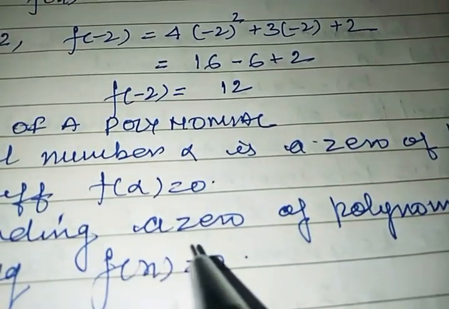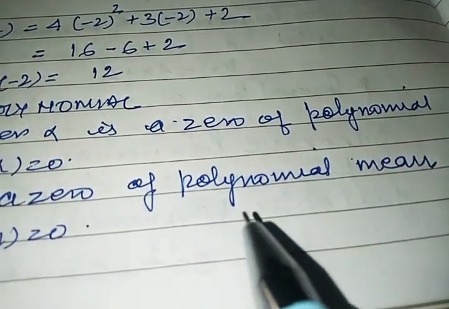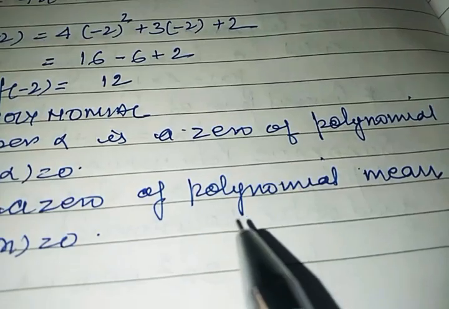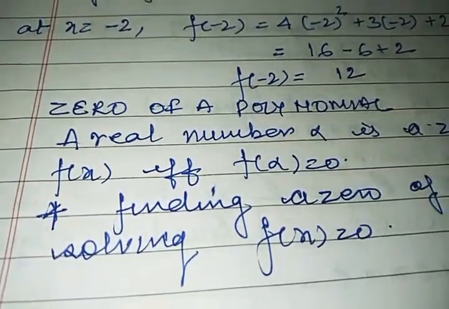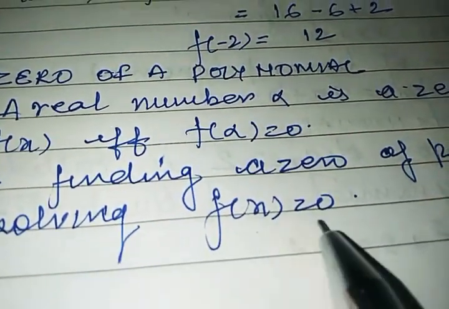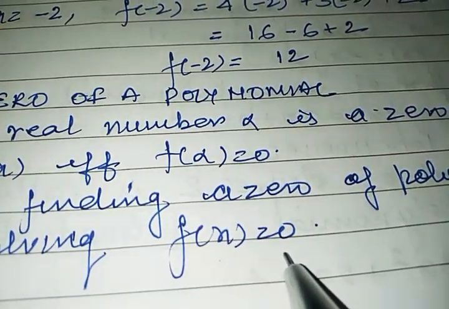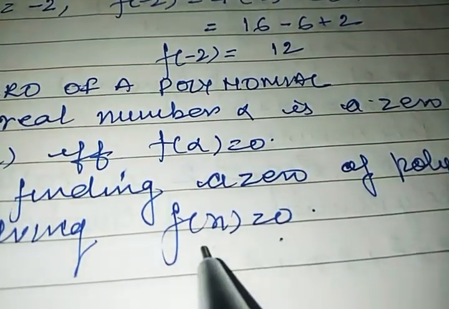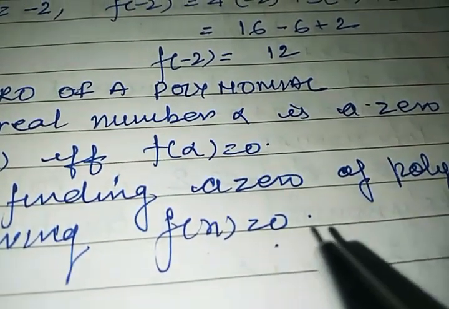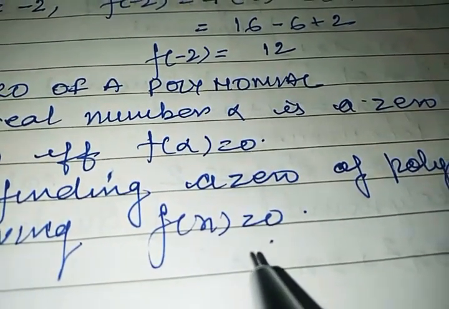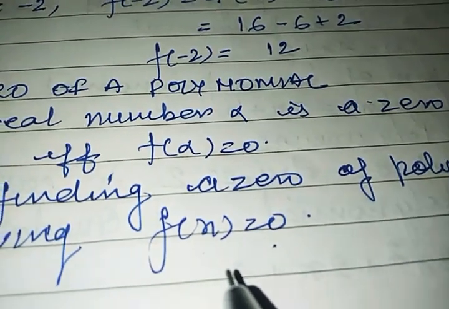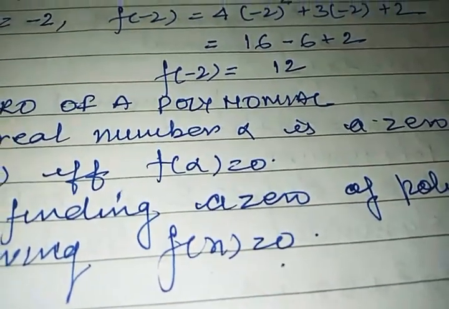Now finding a zero of a polynomial means solving the equation f(x) = 0 only. If you are given to find the zero of the polynomial, then just put that polynomial equal to 0 and solve for the value of x. So that will be called the zero of the polynomial.